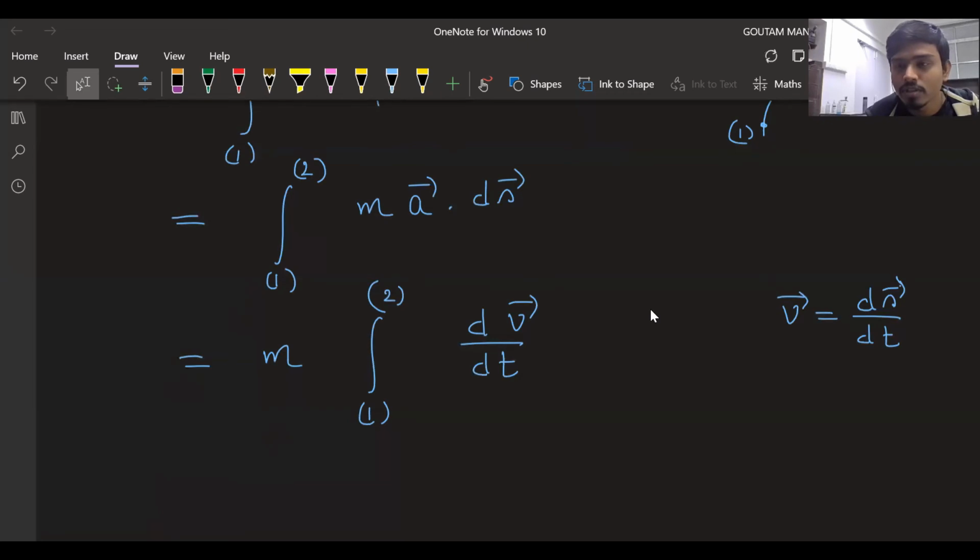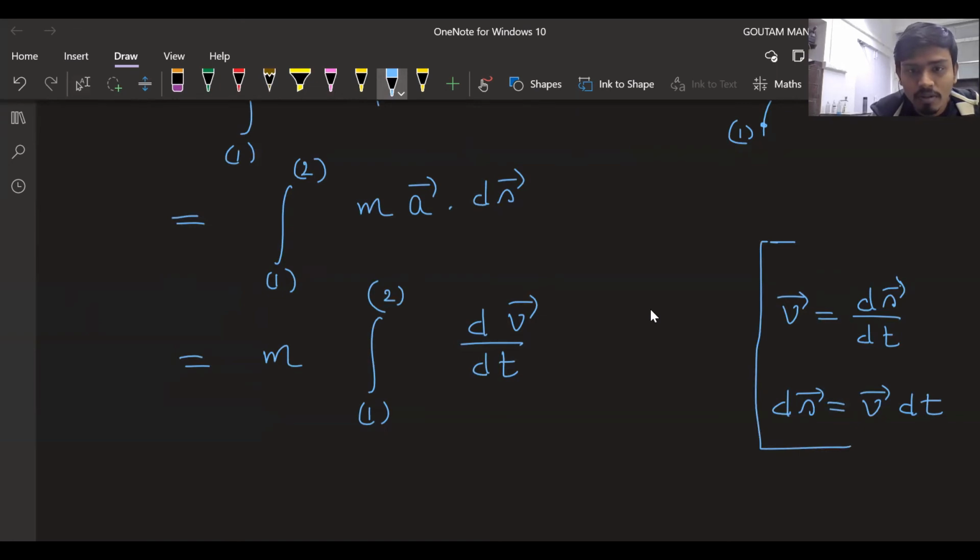A small change of position, that means ds is basically v dt.